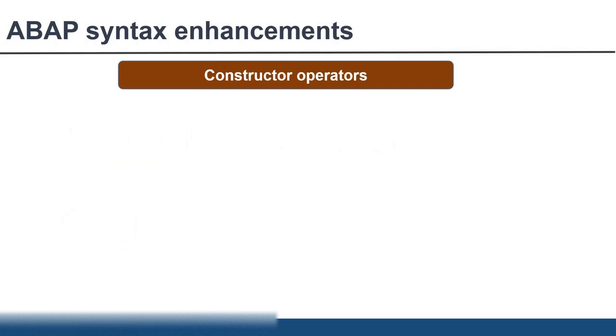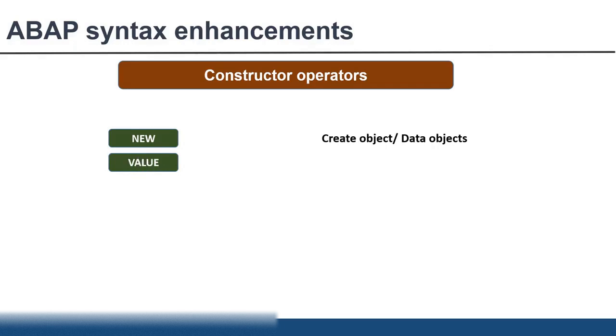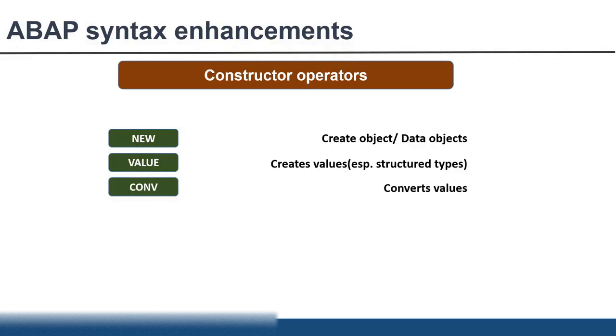The various constructor operators are given below. New, it is used to create data objects. Value, this is used to create values, especially in a structured type. Conv, this is to convert values. Cast, to perform up or down cast of references.